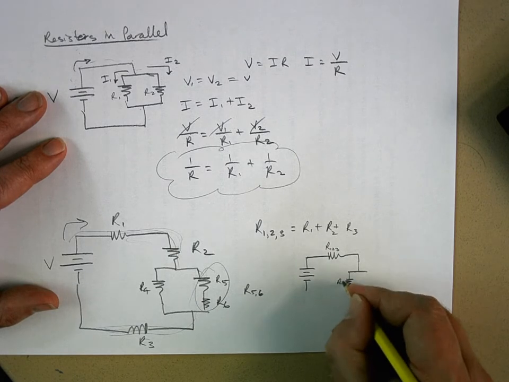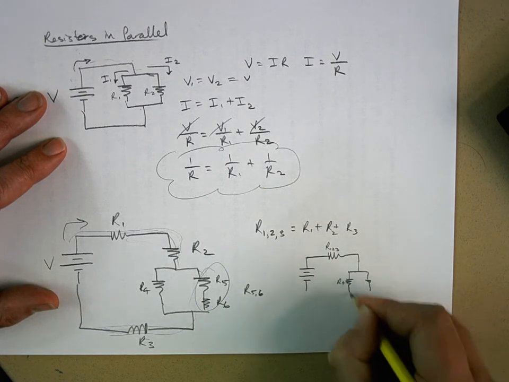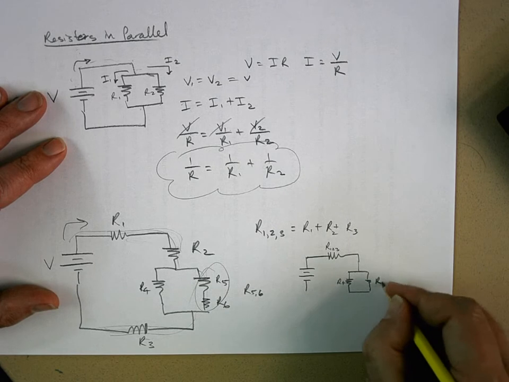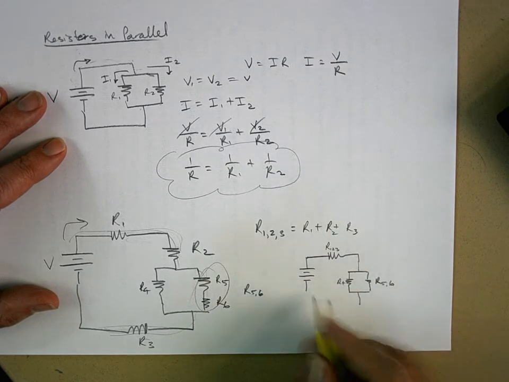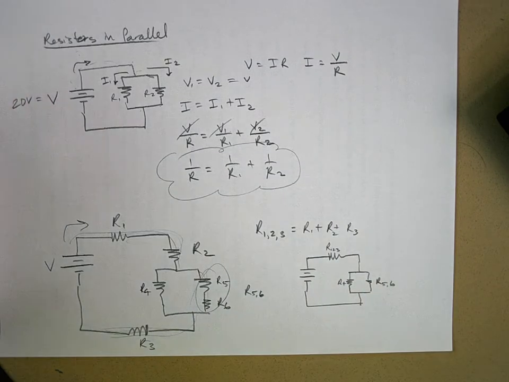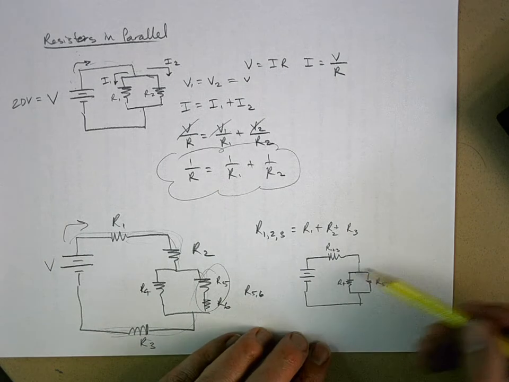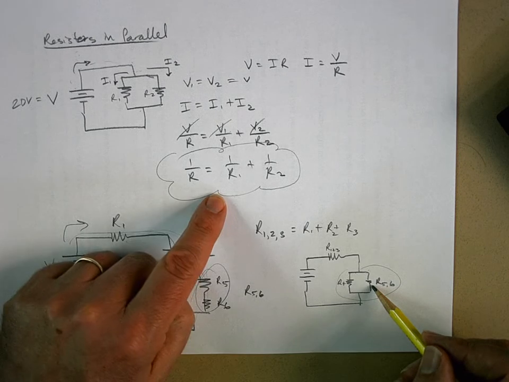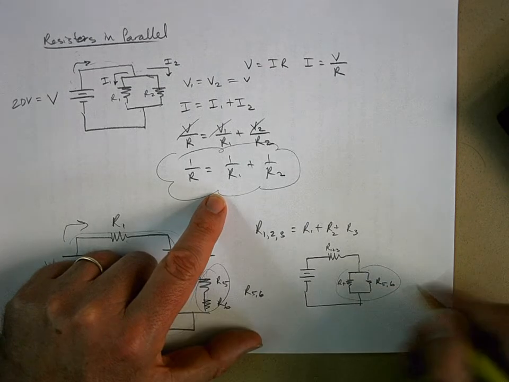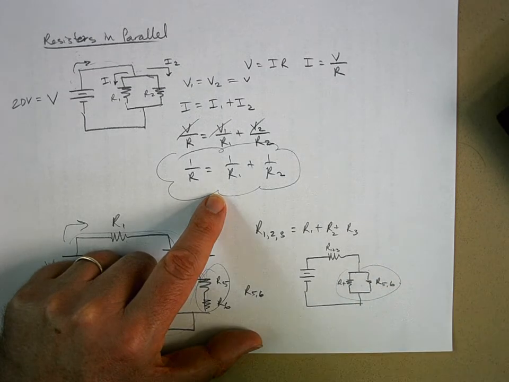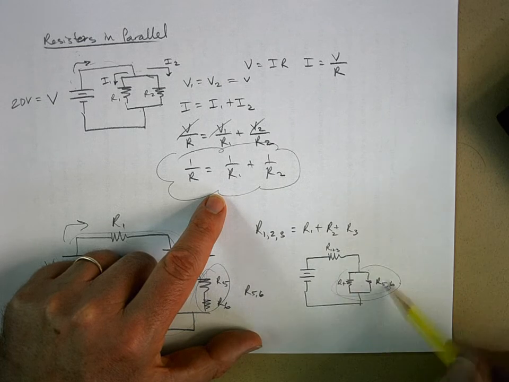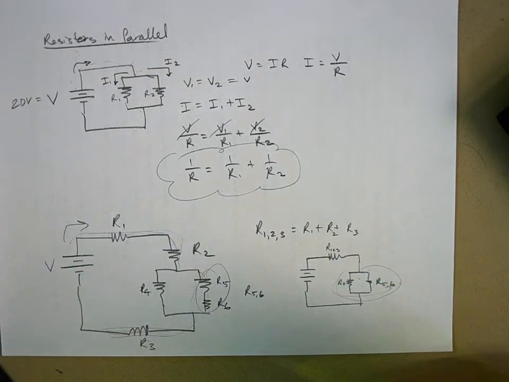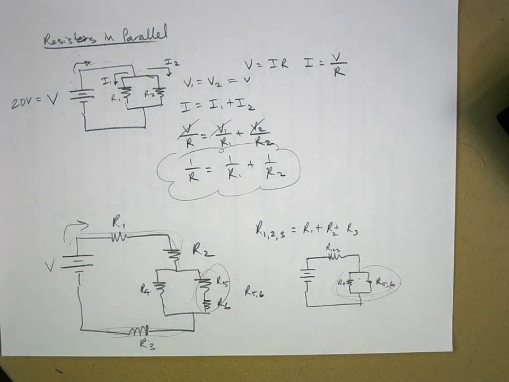And this is R5 and 6. Back down to 0. Yeah, you can do that, no problem. And now I can combine these by using the resistors in parallel equation. And that will give me R4, 5, 6. And then this will be in series with this. So now you add them together, and now you've got the total resistance of it.